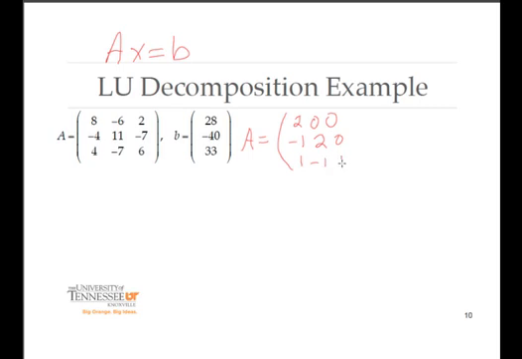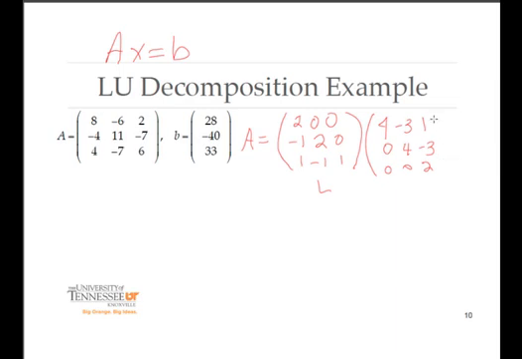So those are the factors of A, where first we have L. I'm going to show you what U would look like. Remember, L is lower triangular, U is upper triangular. So 0, 0, 2.